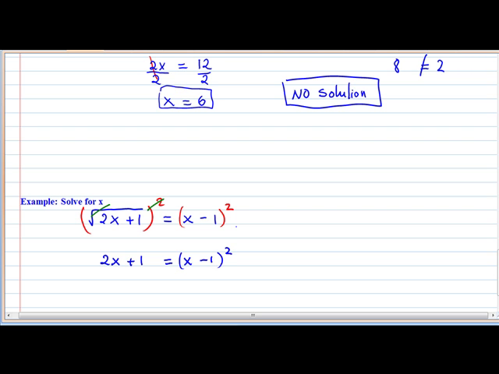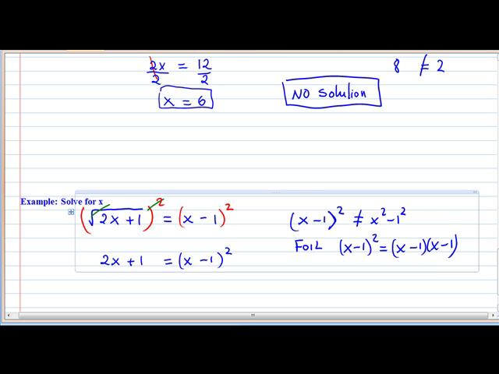And then we simplify. Now please be careful. x minus 1 squared is not equal to x squared minus 1 squared. You have to solve this by using FOIL, because x minus 1 squared equal to x minus 1 times x minus 1.